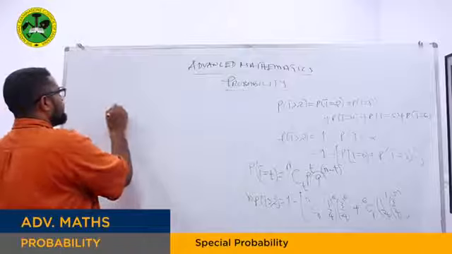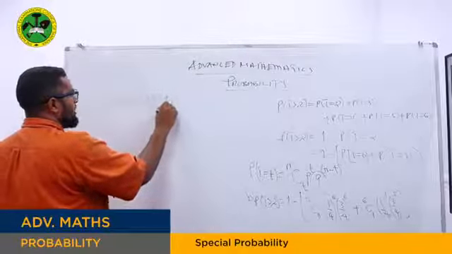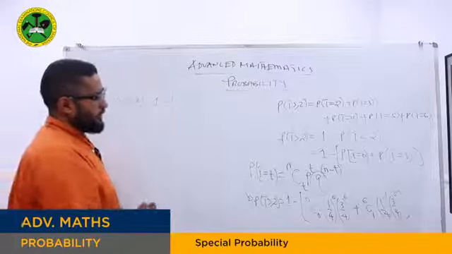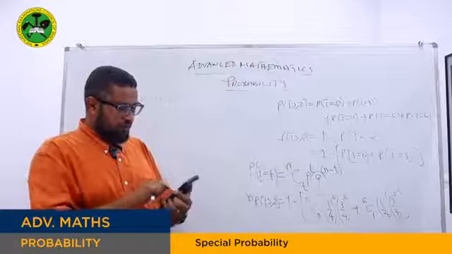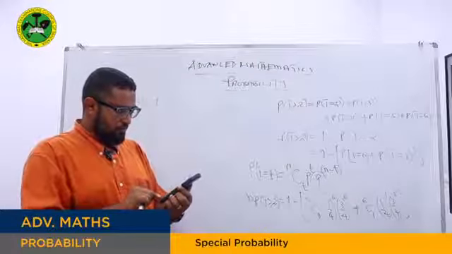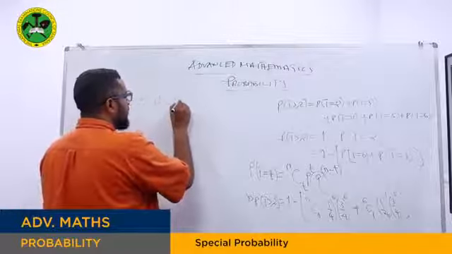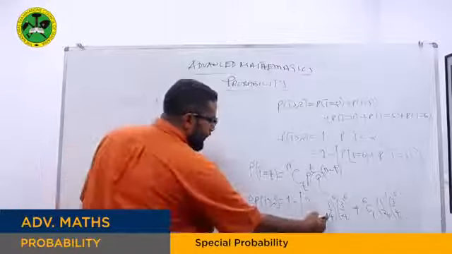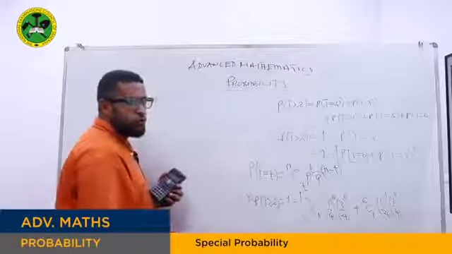So let's proceed. The probability of at least 2 will be equal to 1 minus. Now using the calculator, 6 combination 0 is always equal to 1. So it is 1 over 4 to the power of 0, which is also equal to 1.